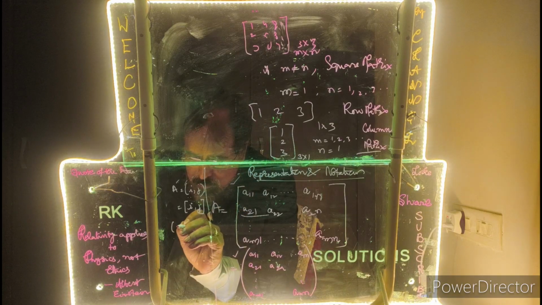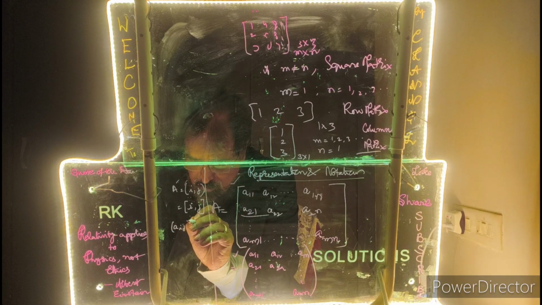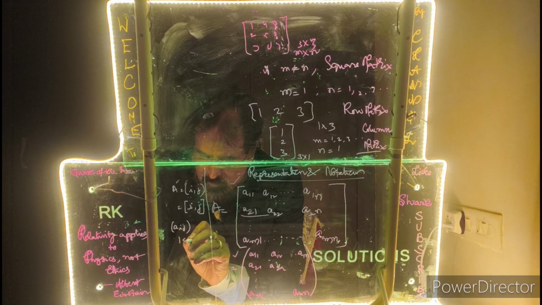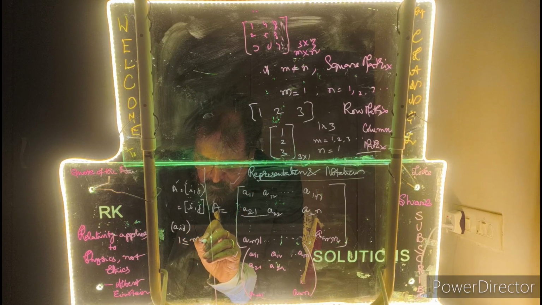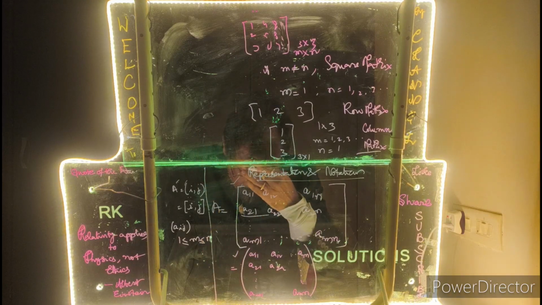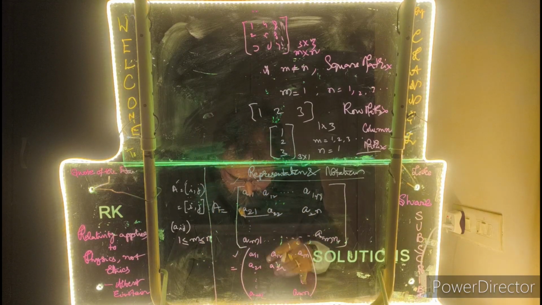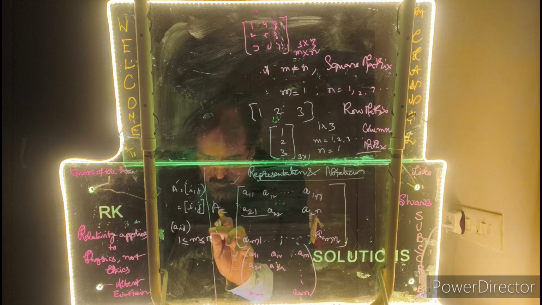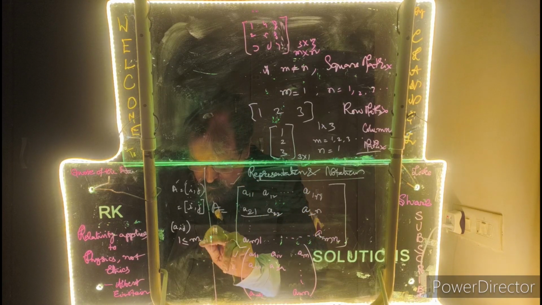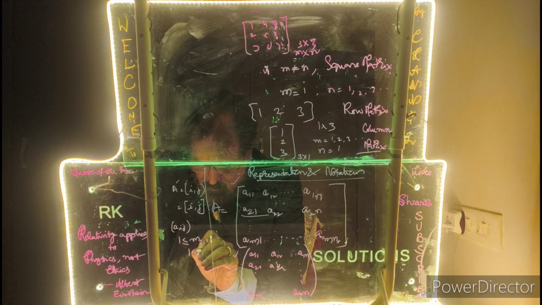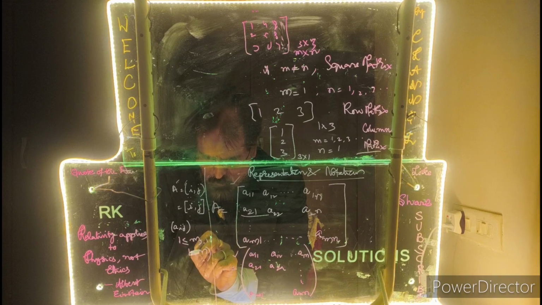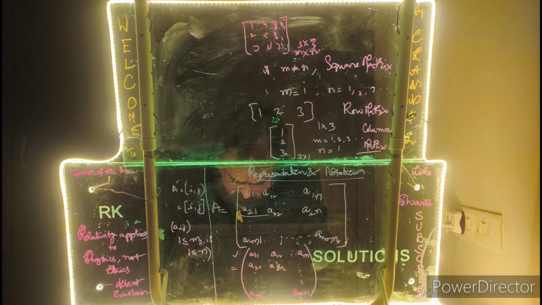Or you can as well say Aij with 1 less than or equal to m, 1 less than or equal to n, meaning they range from 1 to m, 1 to n. This is another way of representing a matrix.